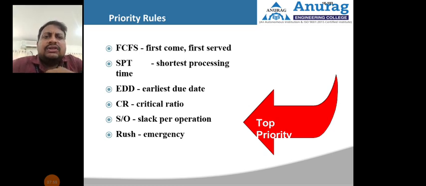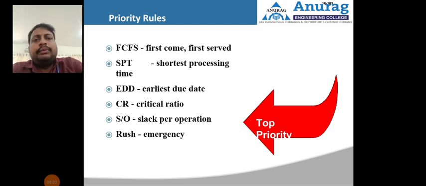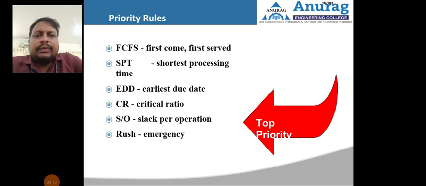In general we see this in banks. Whether you deposit a huge amount or a small amount, it is first come, first served. The same goes for a supermarket: even if you purchase a small quantity of products, if you come first, the bill will be given on a first come first serve basis.